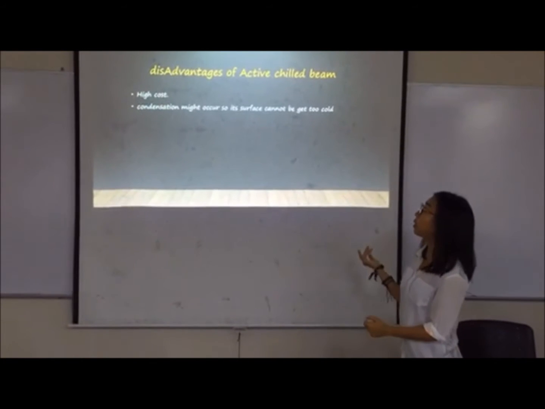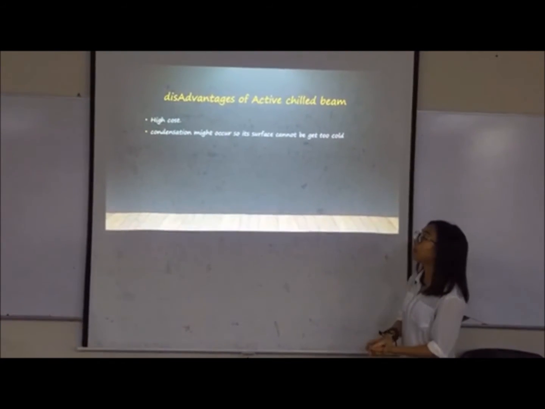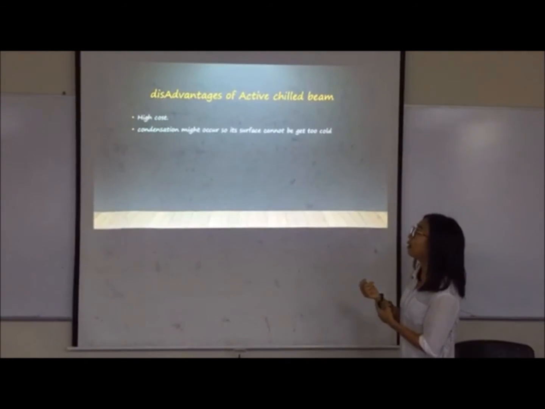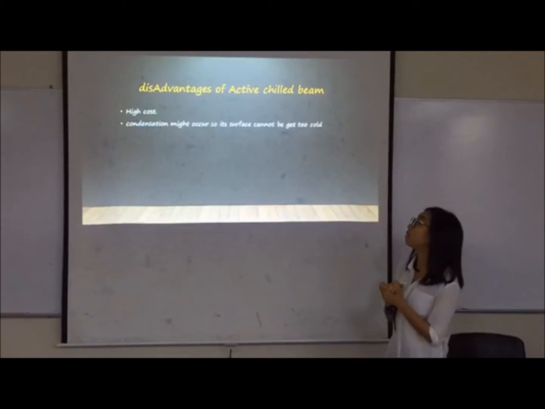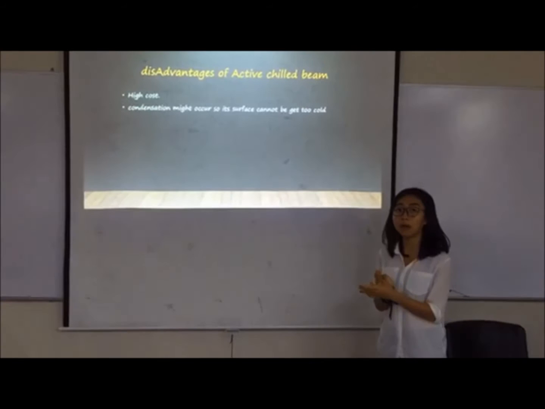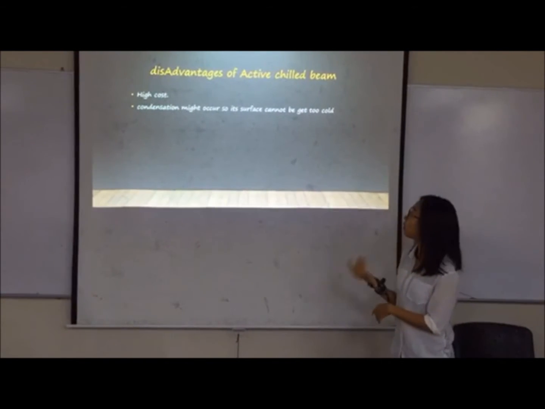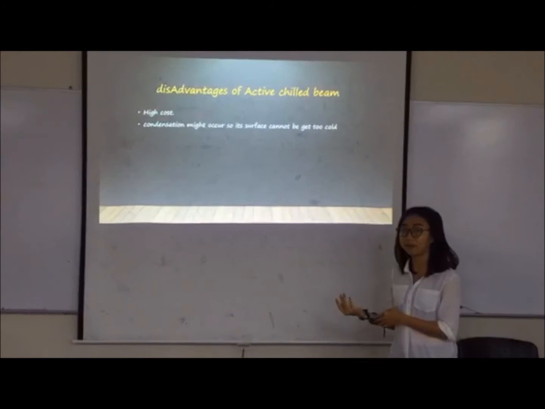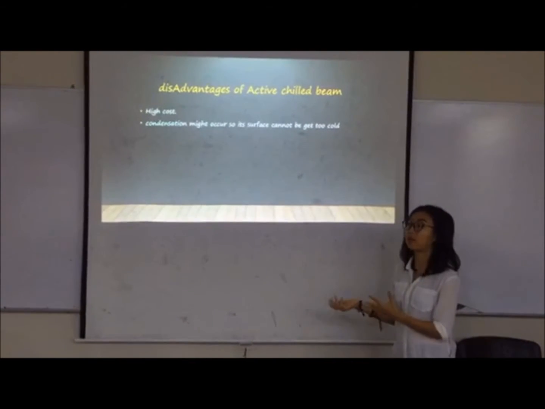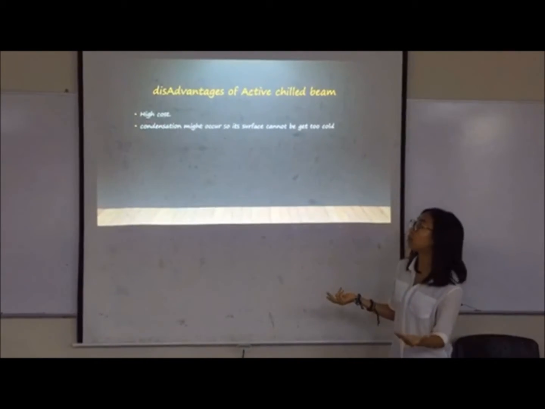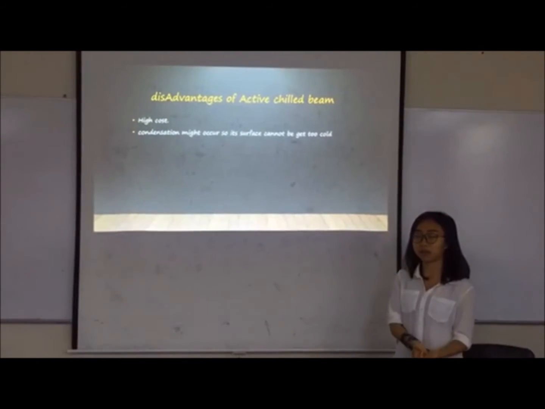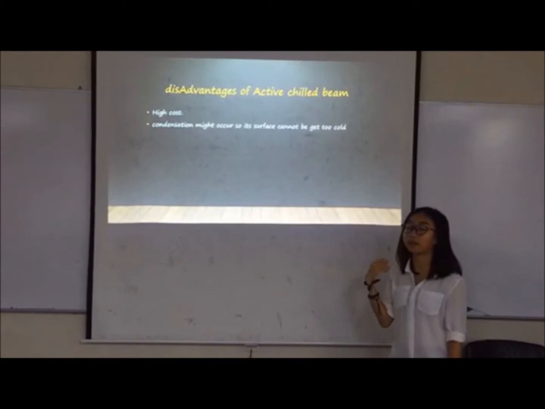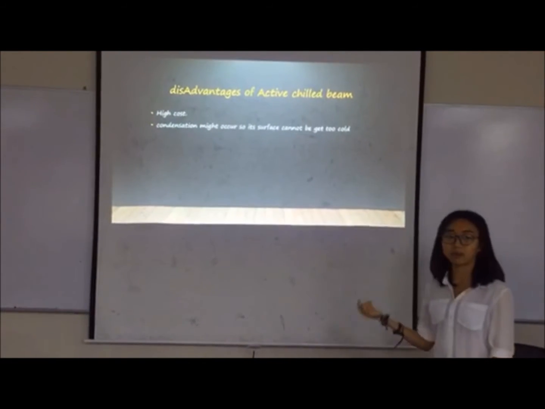So the disadvantage of the active chilled beam is only that it has a higher cost, and we must make sure the surface does not get too cold. If it is too cold, condensation might happen. So as a comparison, the advantages are more than the disadvantages. So we recommend using this type of chilled beam.